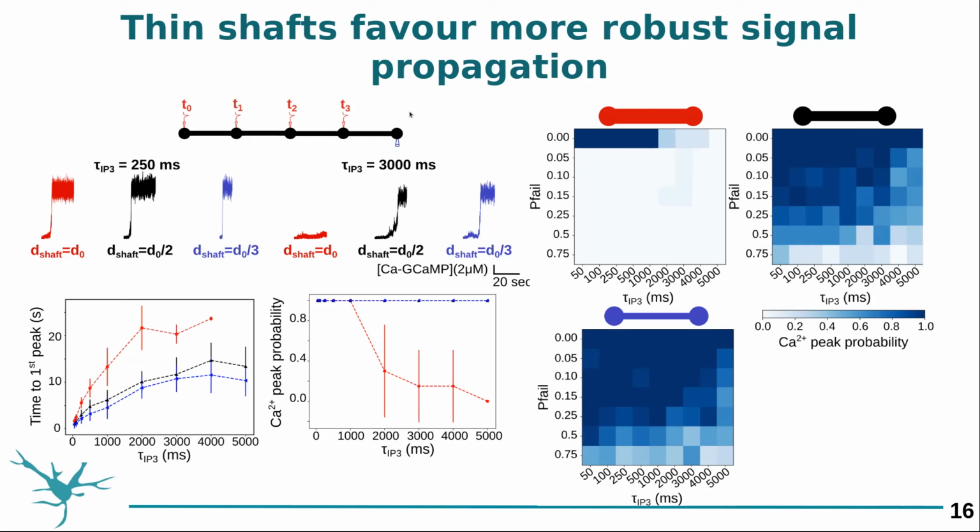So thus you have a more robust signal propagation in those thin shaft geometries, while when the shafts are larger, you can't miss one node stimulation, otherwise you don't see any signal occurring in the node number 5.